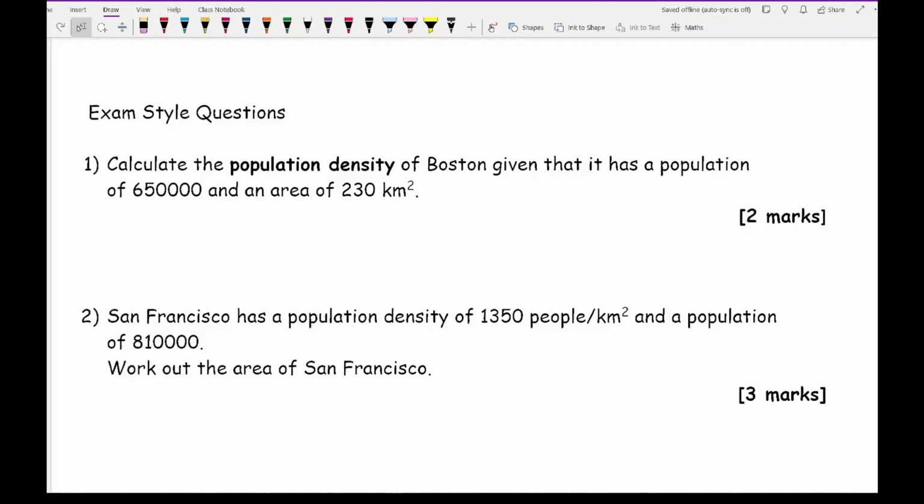In this first one, it says calculate the population density of Boston given that the population is 650,000 and the area is 230 kilometers squared. Again, we haven't been given the formula, but I'm just going to write it down here. The population density is equal to the population divided by the area.